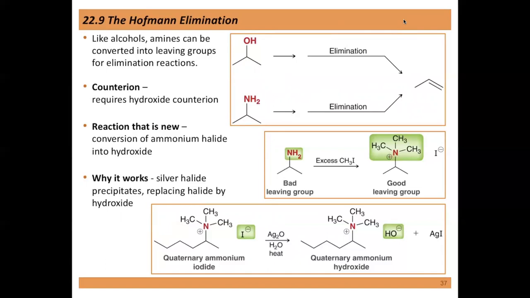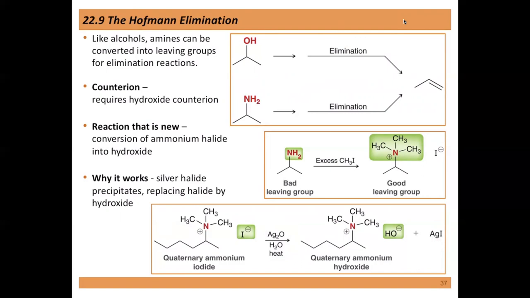And then just a little bit about the interesting reagents that they use. They use this silver oxide and water. Now, since nitrogen's positive, it needs a counter ion, and that counter ion is going to be a halide, in this case, iodide. And so iodide and silver form a very strong complex. They tend to be insoluble in water.